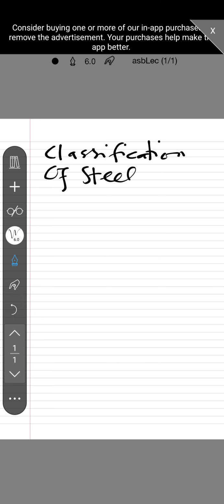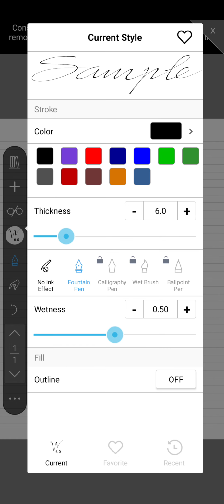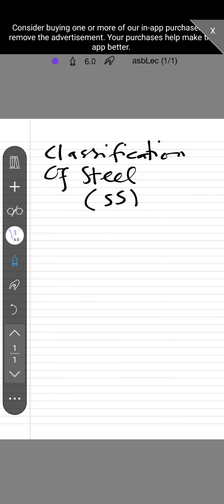When we classify steel, the different phases of steel are formed mainly because of the amount of carbon present in them, and the next factor is the temperature.